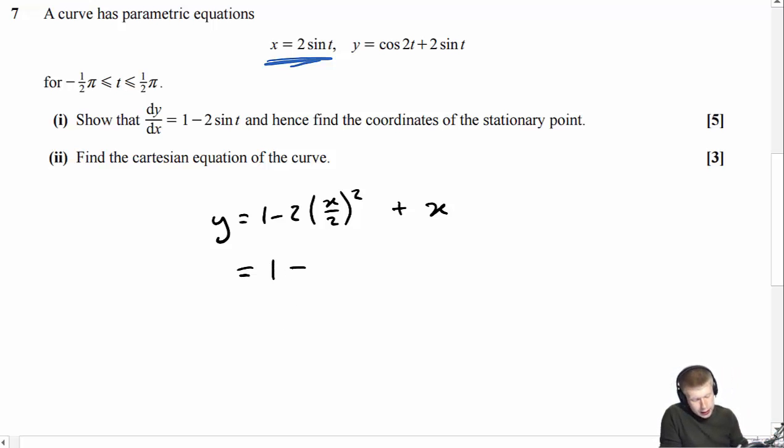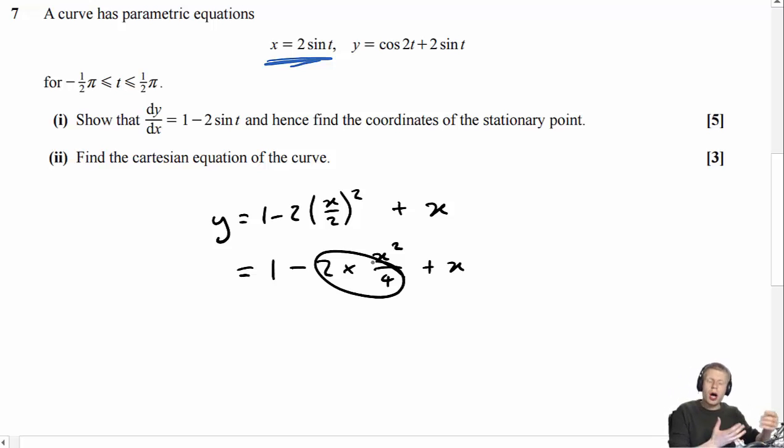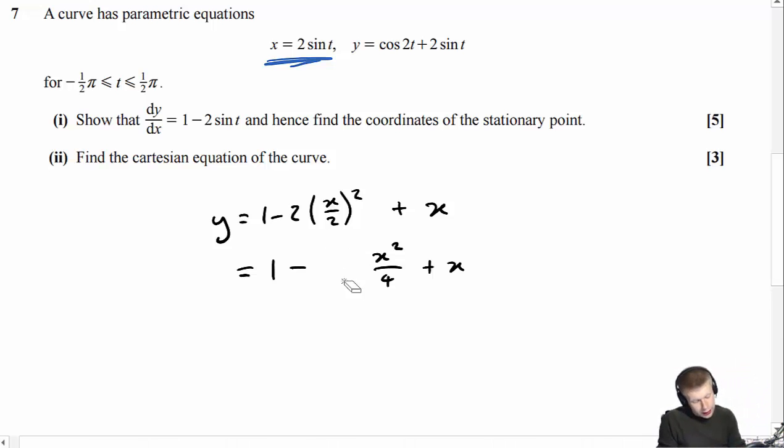So I've got 1 minus, so I've got 2 times, well look, I've got x over 2 all squared. That simply means that I square the numerator and I square the denominator. So the 2 squared becomes 4, okay? And then I've still got plus x, but look here. I've got 2 times my fraction. I've got a divide by 4 on the denominator, so effectively they just cancel to leave me with 2.